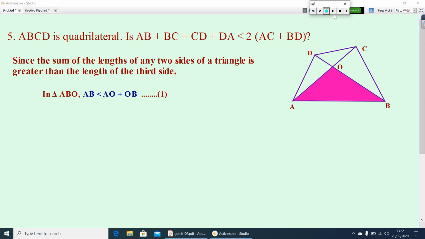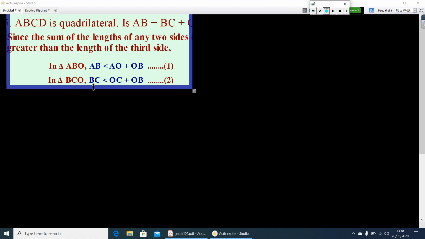Now consider the triangle OCB, or BCO, with the side BC. In triangle BCO, OC plus OB is greater than BC, or BC less than OC plus OB.